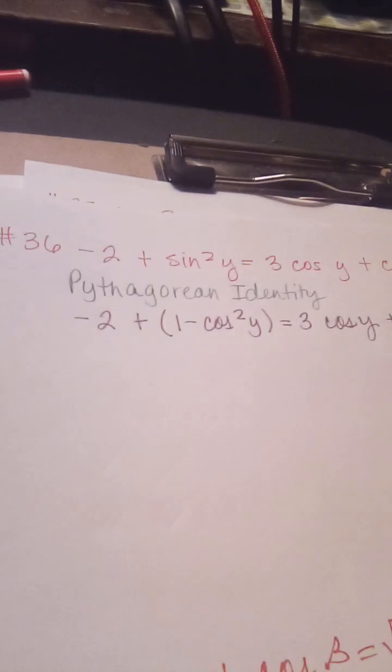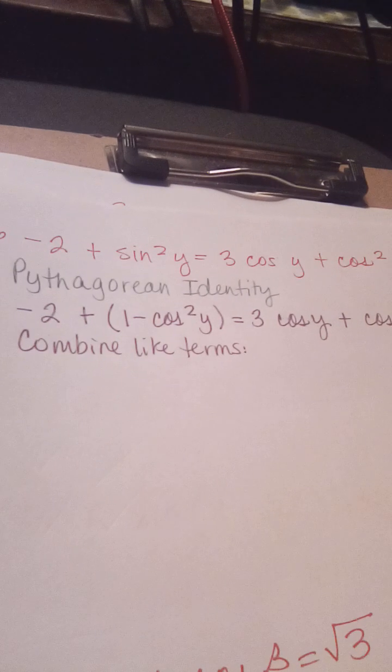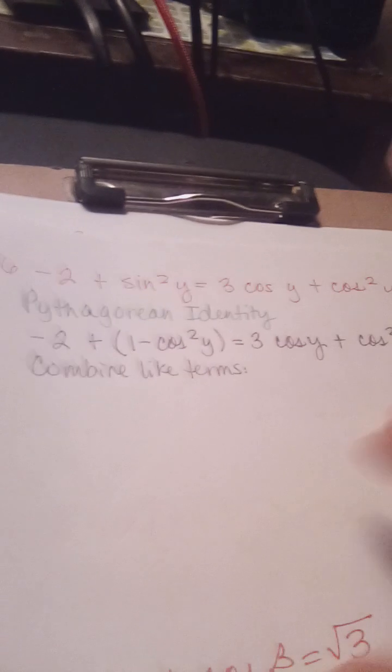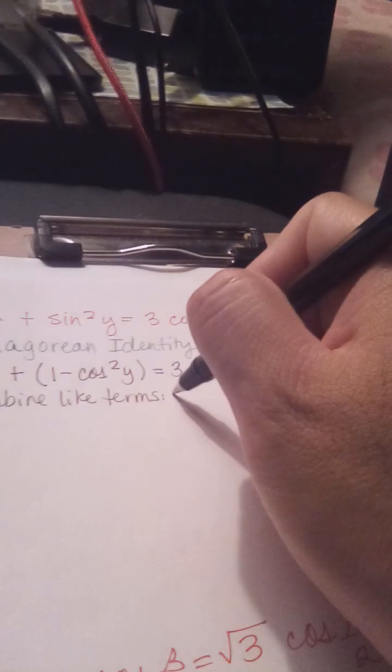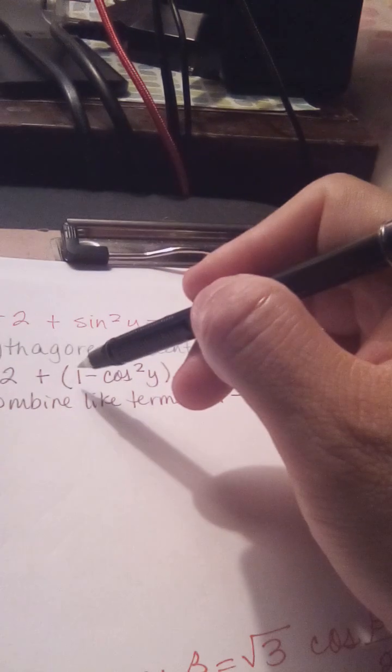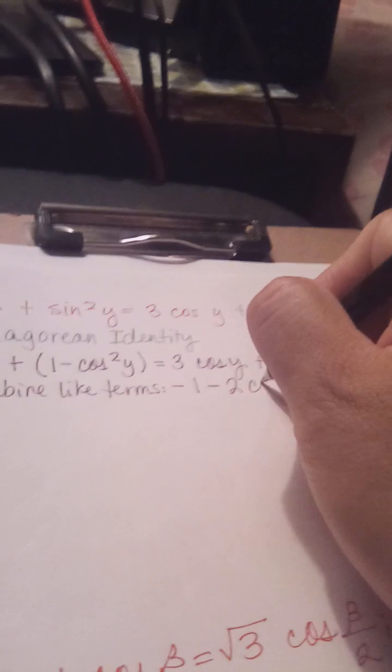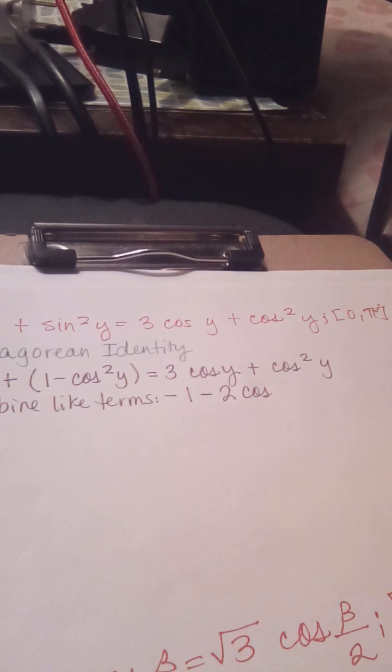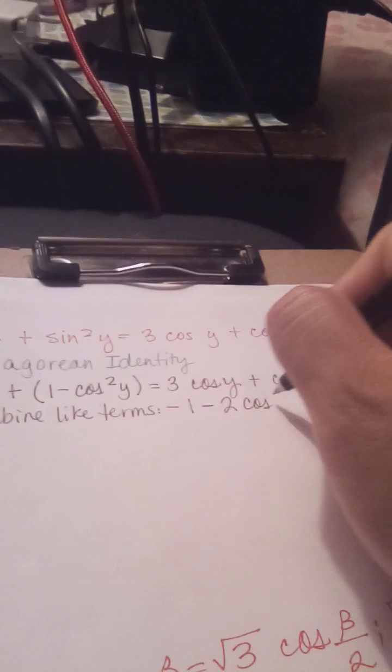All right. Now we can combine like terms. Now we have a negative 1 minus 2 cosine square y equals 3 cosine y. Because look at the previous step.